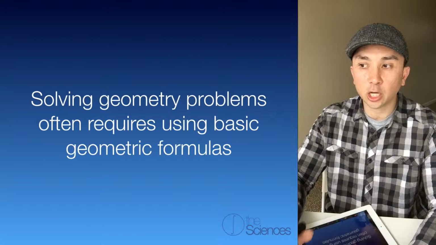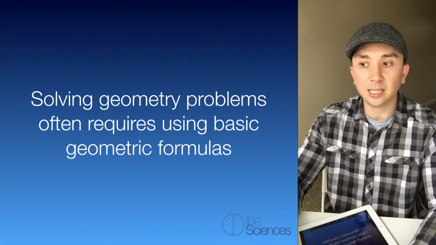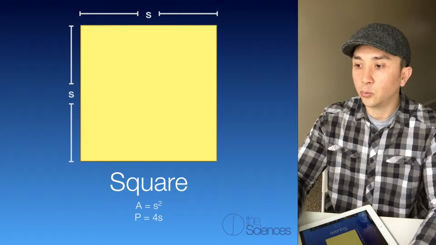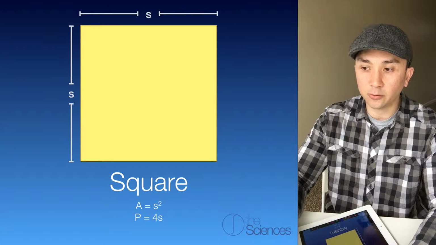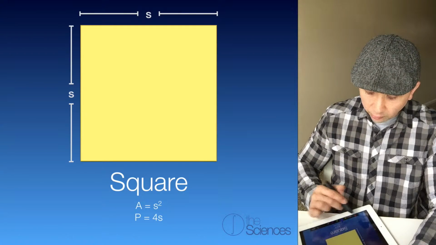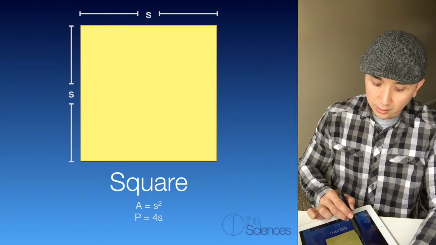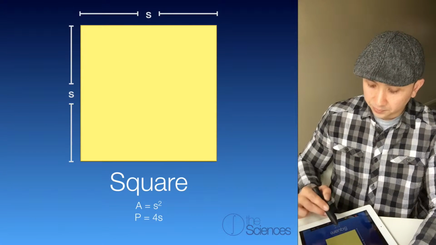Solving geometry problems often requires using basic geometric formulas. Here we have the geometric formula for a square. The area is s squared, or side times side.